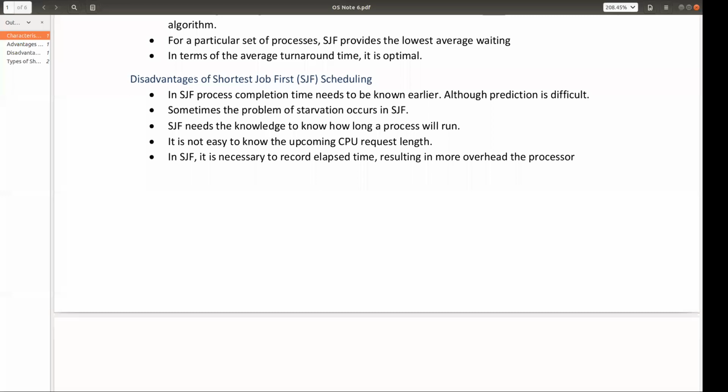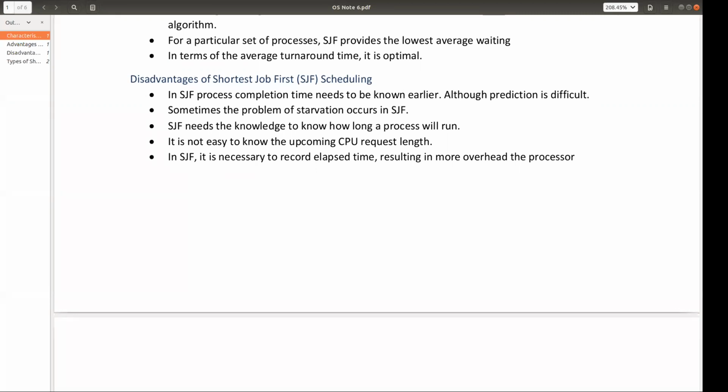This is the same as the first point of the first disadvantage. যে আমাকে এসজিএফ এর ক্ষেত্রে এটা জানতে হবে যে একটা প্রসেস কতক্ষণ রান করবে, মানে কখন সে কমপ্লিট হবে, কারণ যখন সে কমপ্লিট হবে তারপরে আমাকে আরেকটা প্রসেসকে নিয়ে আসতে হবে যার বার্স্ট লেন্থটা সব থেকে ছোট। Another very prominent disadvantage is that it is not easy to know the upcoming CPU request length. নতুন যে প্রসেসটা আসছে সিস্টেমে, আমরা জানি না সেই নতুন প্রসেসটার লেন্থ কত হবে, এটা আমাদের প্রেডিক্ট করতে হবে, which is a very difficult task.